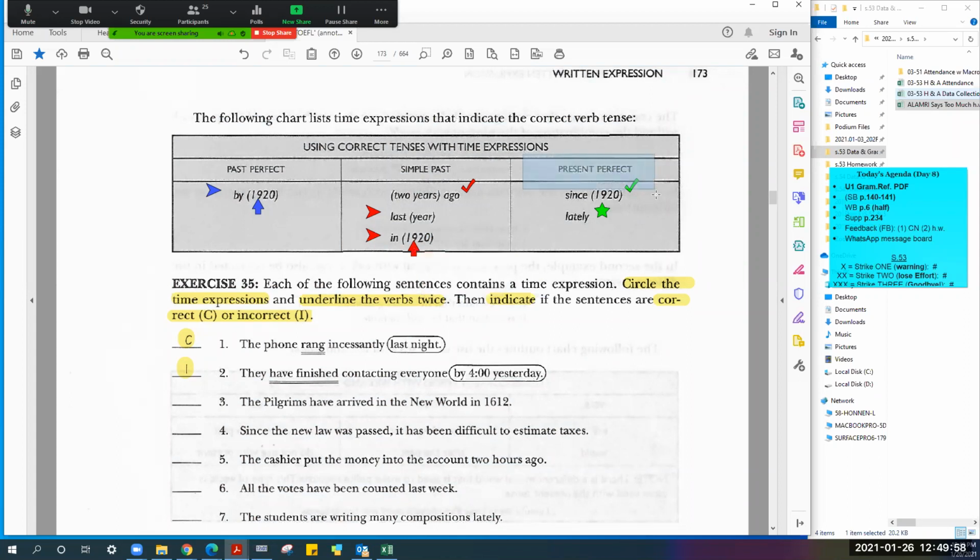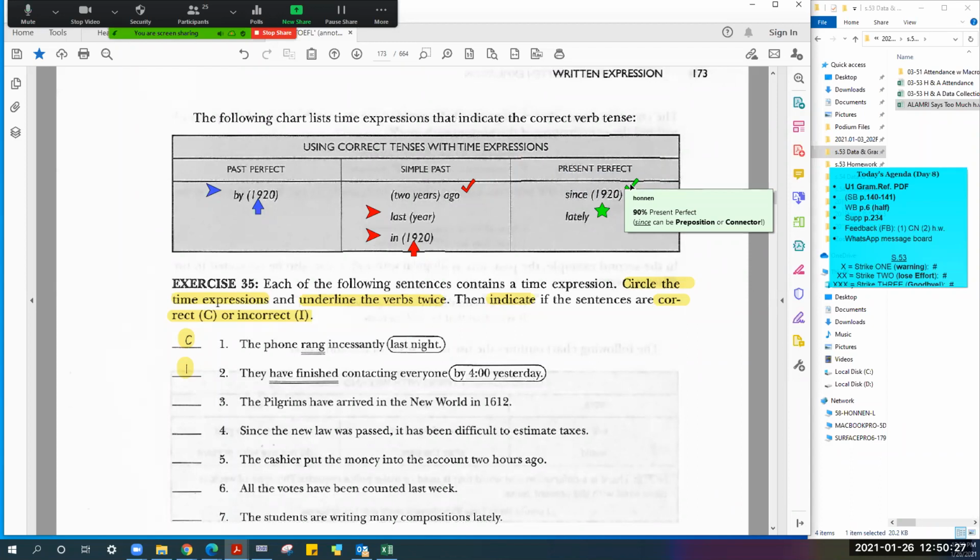Ayed. Next. Present perfect. Since 1920. 90% present perfect. Since can be a preposition or a connector. You have to be careful, okay? Because sometimes it is a preposition, and sometimes it's a connector.